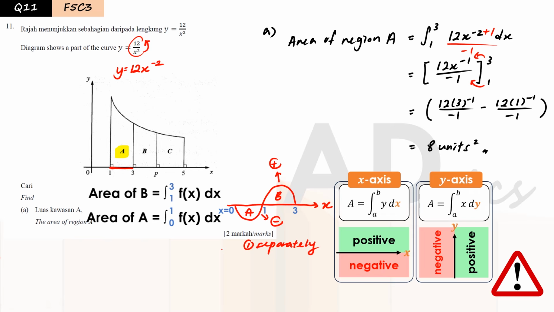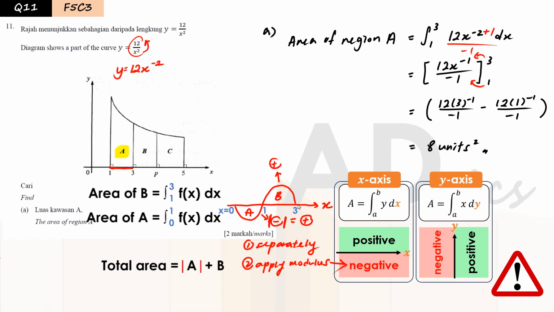So the second thing we need to do is apply modulus to these negative value regions, which is this one. We apply modulus so it becomes a positive value. Once area A is a positive value, I can add it to area B to find the total area.